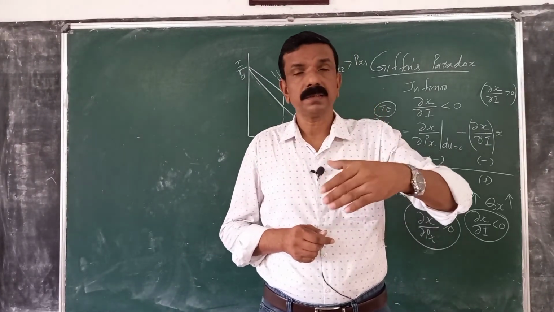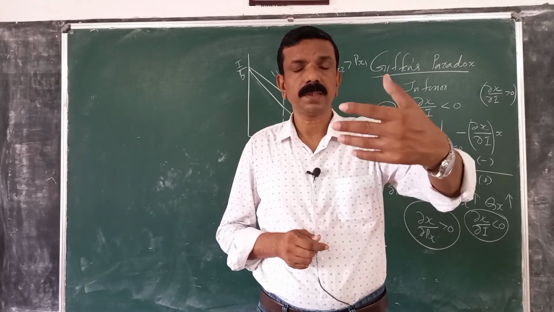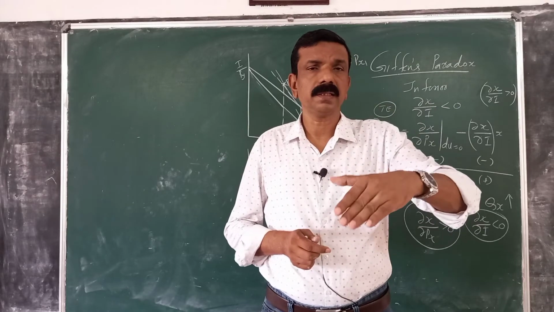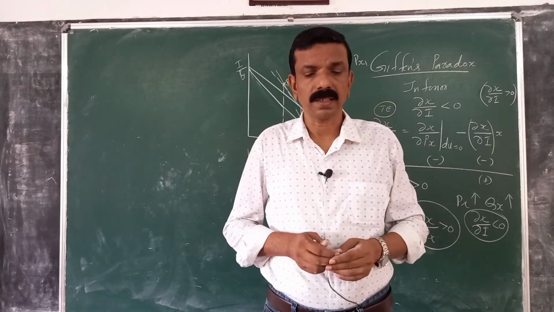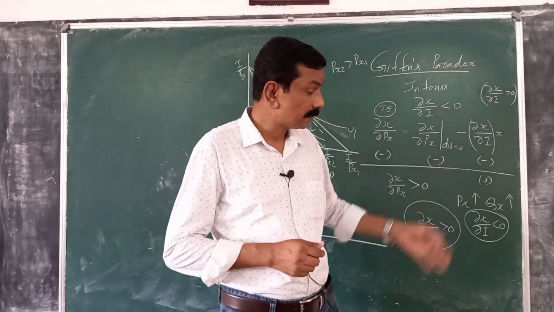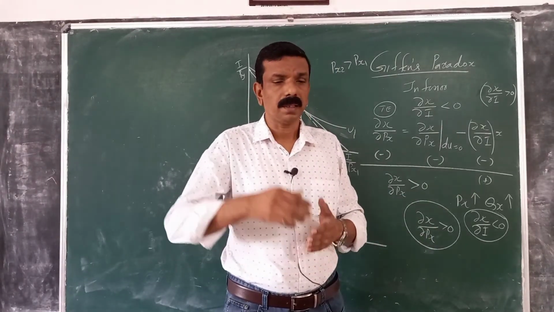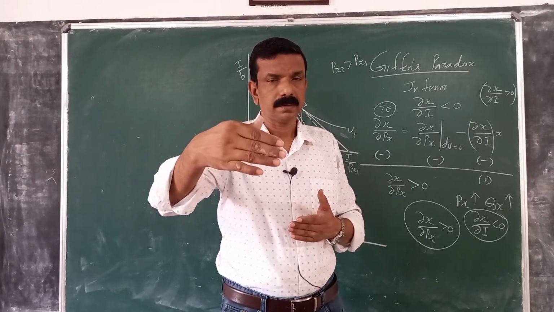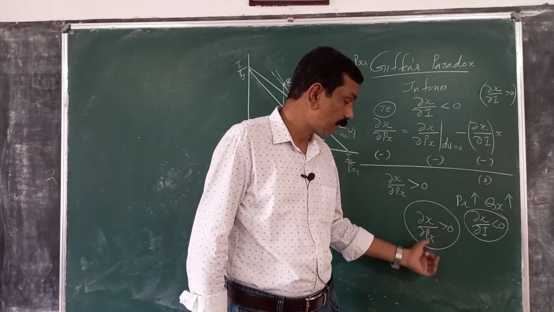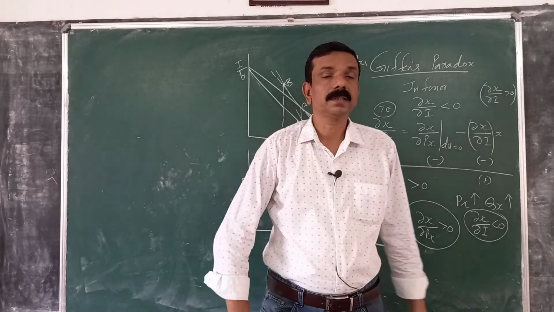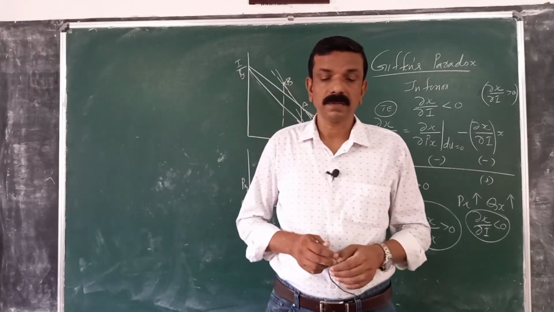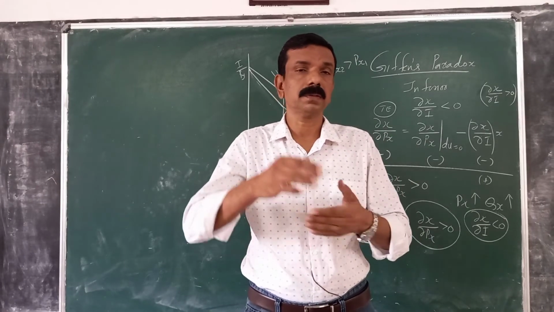So, as there is an increase in the price of potatoes, there is a substantial reduction in real income. So, there is a decrease in the consumption of meat and an increase in the consumption of potatoes. So, ∂x/∂px is greater than 0. As the price of potatoes increases, the quantity of potatoes also increases.